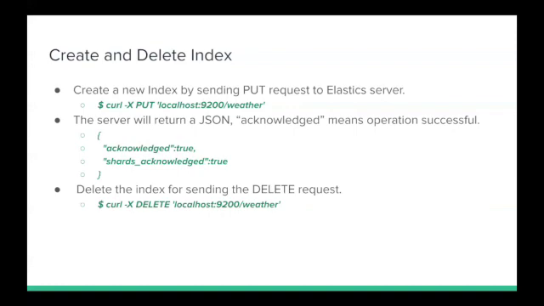If we want to delete an index, we could send a DELETE request to the server, like that. Elasticsearch can also set specific language analyzers for other languages such as Chinese and Spanish, but we won't introduce them here.